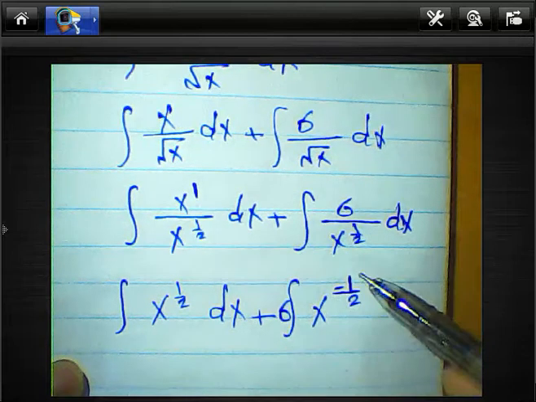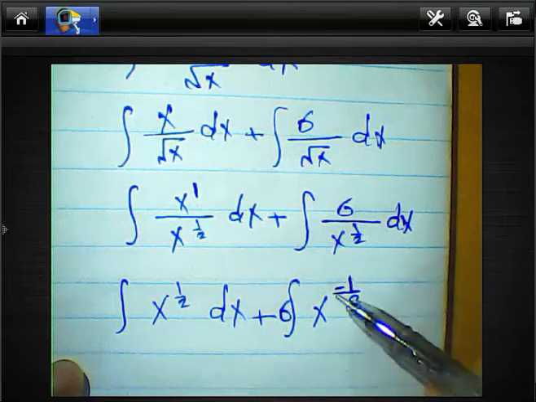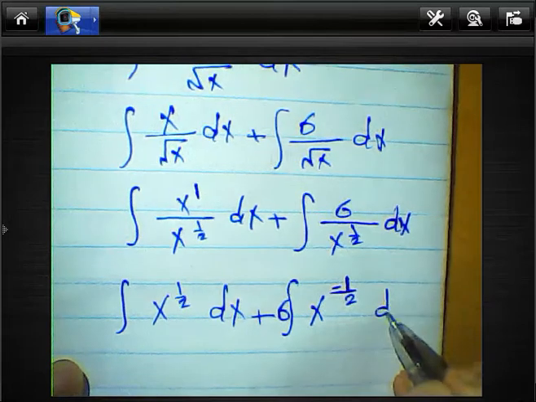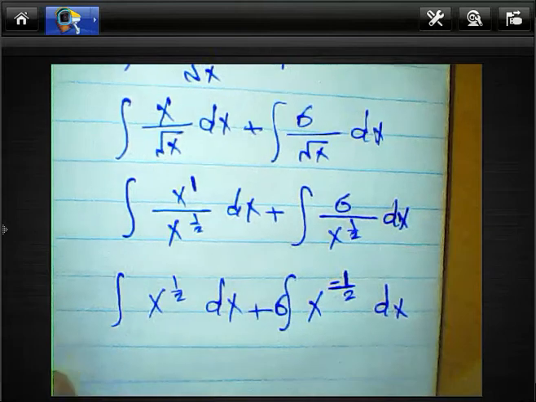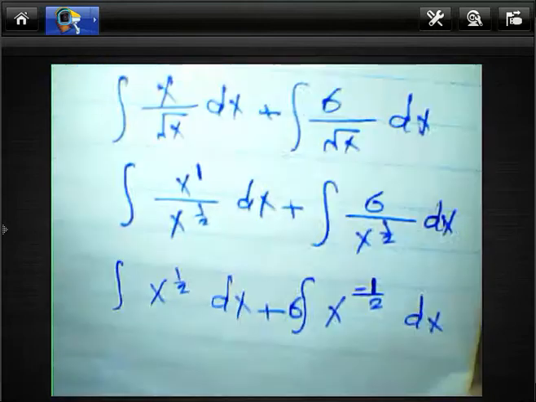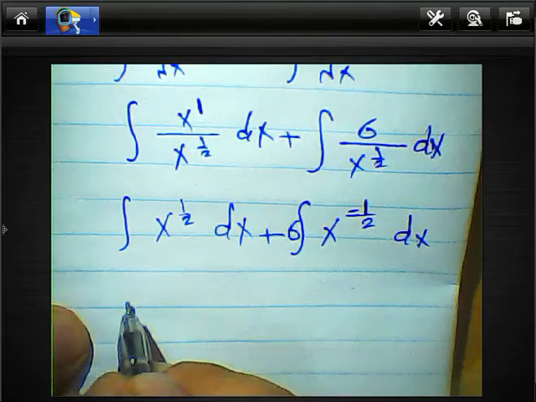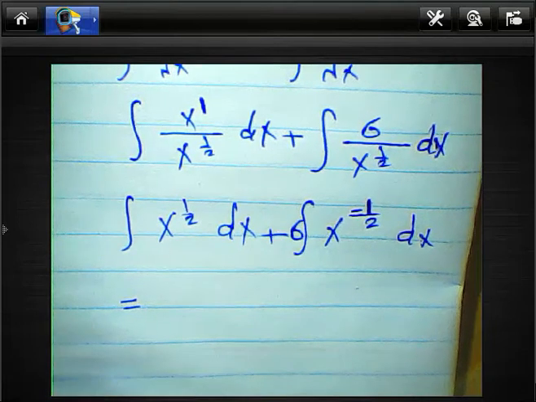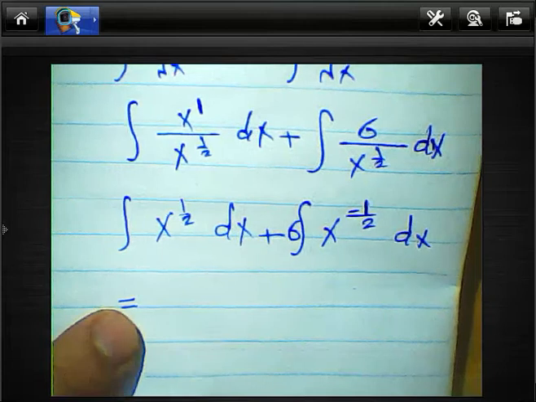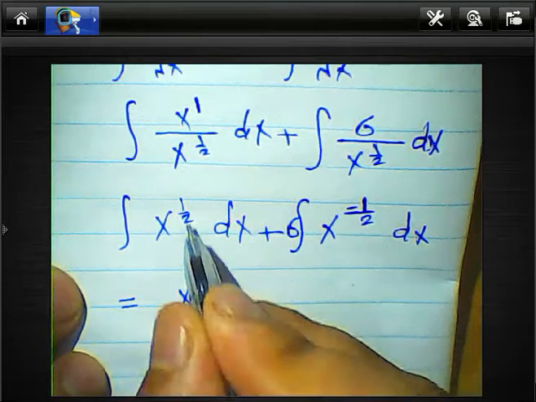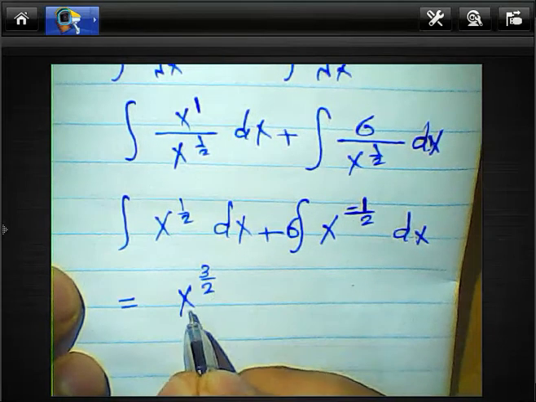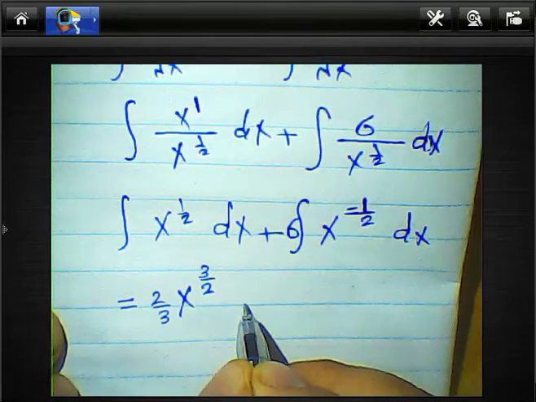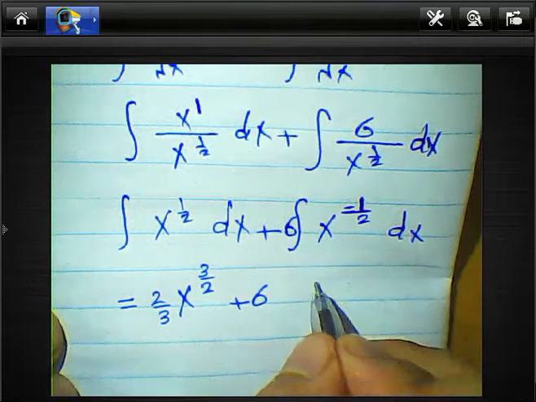We move it from the denominator to the numerator by changing the sign of the power from positive to negative, and 6 is a constant of this function. Then the next step, we add 1 to the power and divide by the new power. Adding 1 to half gives 3 over 2, and dividing by 3 over 2 gives 2 over 3, plus 6 multiplied by x.